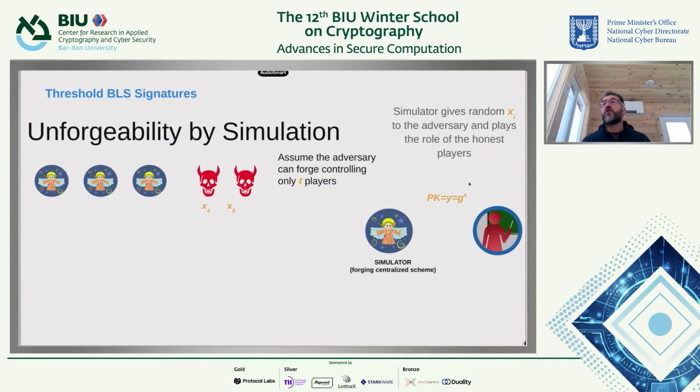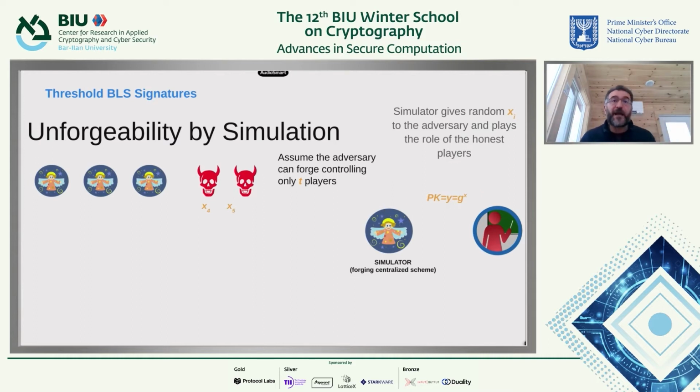The simulator is going to take random values x4 and x5, and give them to the adversary, saying, these are your shares of the secret key. Now, remember that Shamir is information theoretically secure. So at this point, the adversary has no way of knowing that there are x4 and x5 that are consistent with a sharing of x. So the adversary is happy.